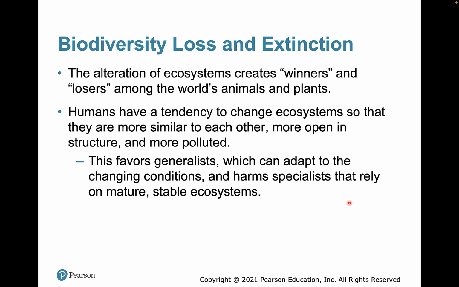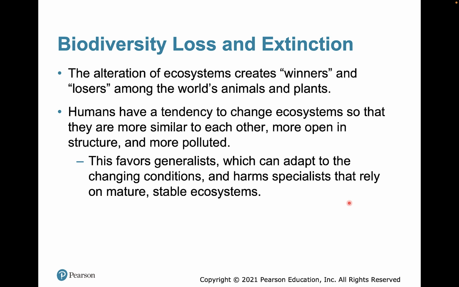So when we look at losing biodiversity and extinction, there are certain organisms that will wind up winning, in air quotes, and losing as the world changes, okay? When humans get their fingers on things, we reduce that diversity, okay? We tend to make ecosystems so that they're more similar, they're more open, and there tends to be more pollution.